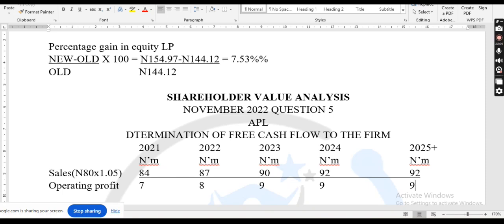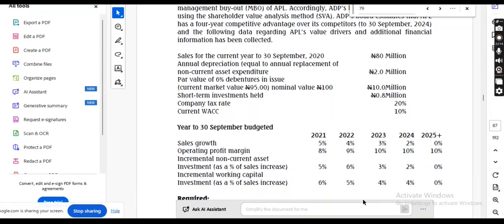So what else do we have? Incremental non-current assets. Incremental non-current assets will arise as the difference in the increase of sales.